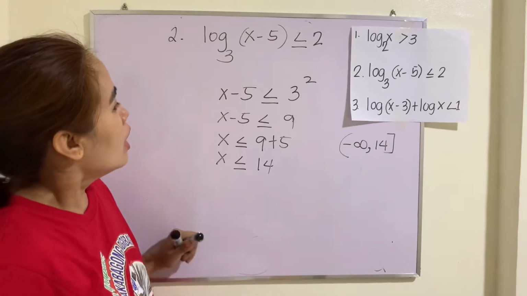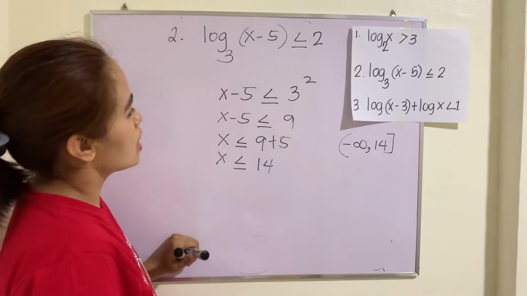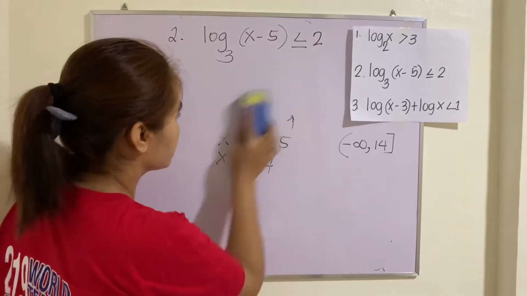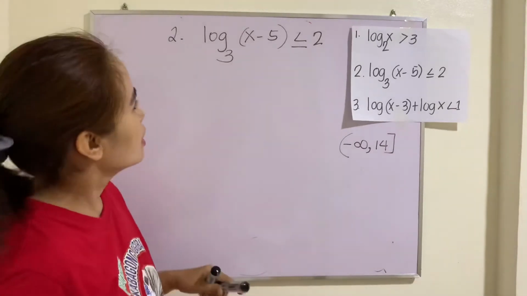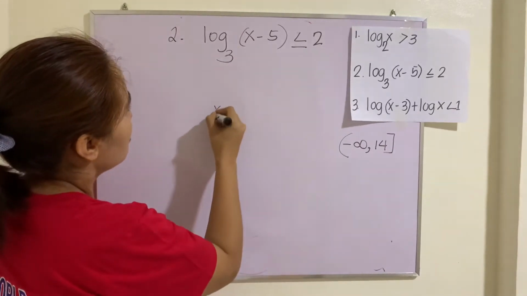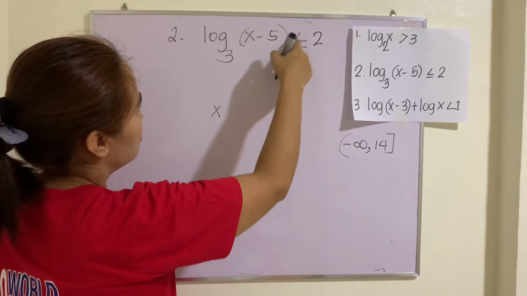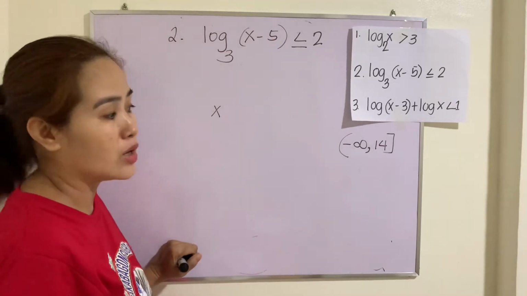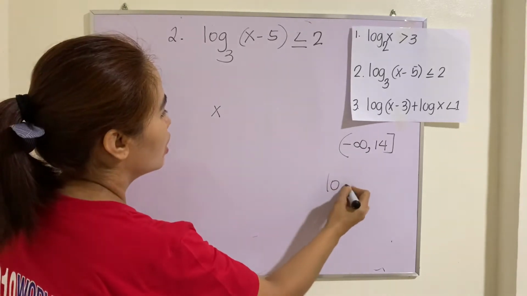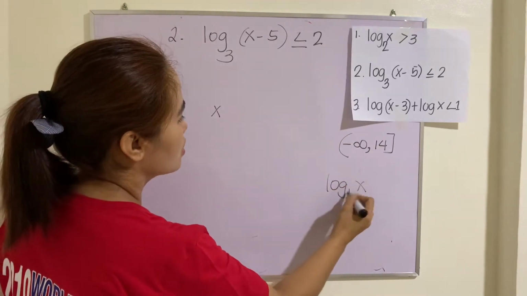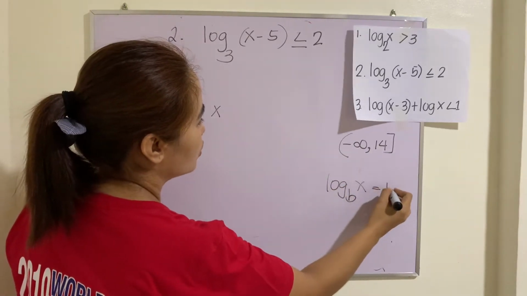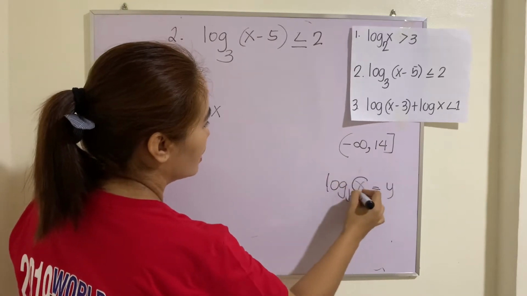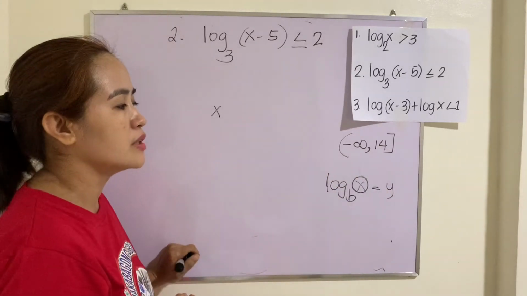Now, another solution set may be this one. Remember that this one should be greater than 0 based on the definition of logarithmic function. That is, log of x to the base b is equal to y. Remember that x here should be greater than 0.